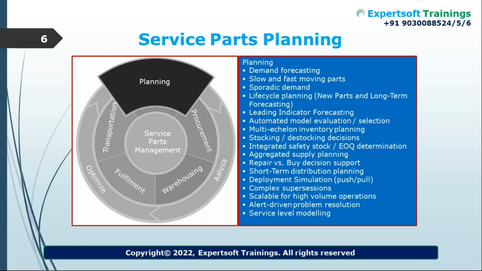That kind of functionality is not available in APO, but it is a common scenario in service parts planning. That's how we have this sporadic demand concept, where a specific algorithm has been developed to do the forecasting. So there are certain advantages in SPP for this kind of scenario.